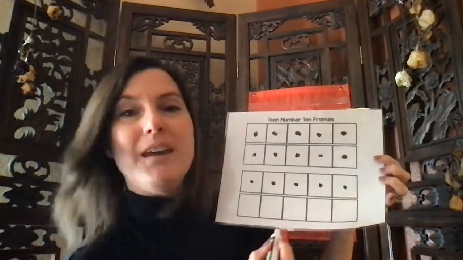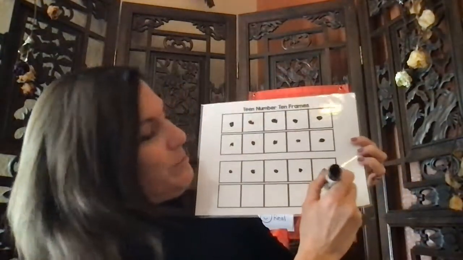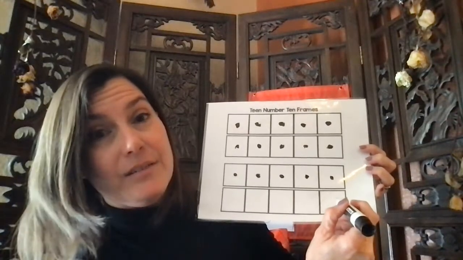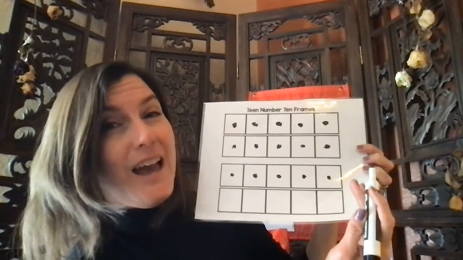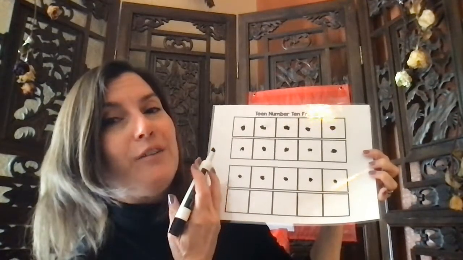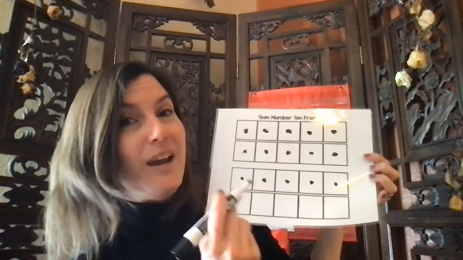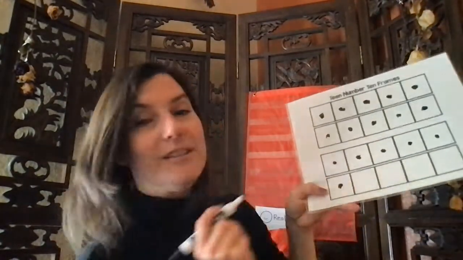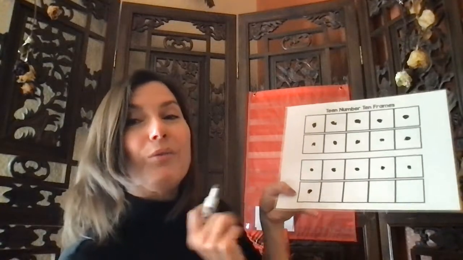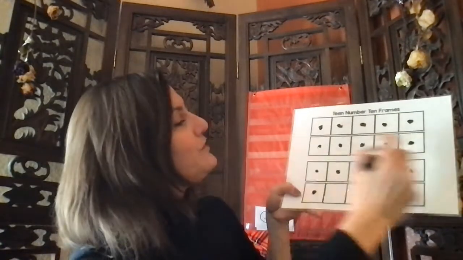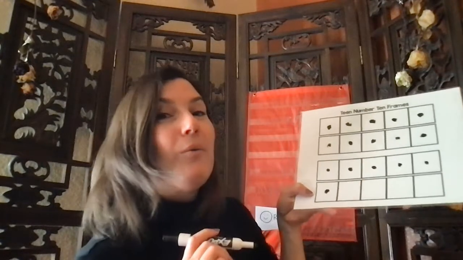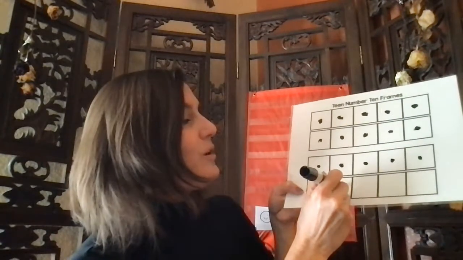We don't put it in the middle. We don't put it on the end, because that's the right side, and we always write from left to right. So the 16th dot is going to go right there. 5, 10, 15, 16.